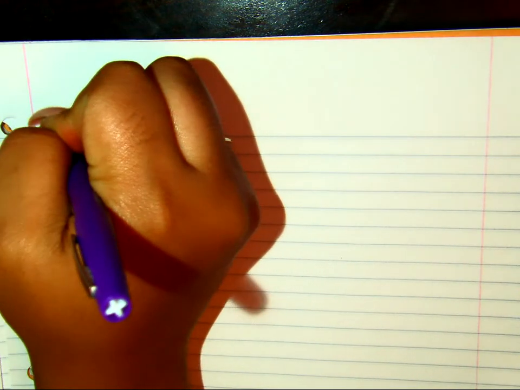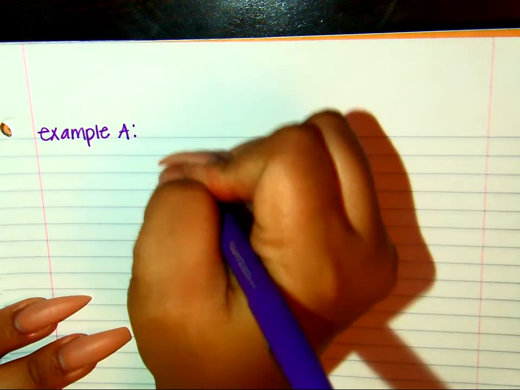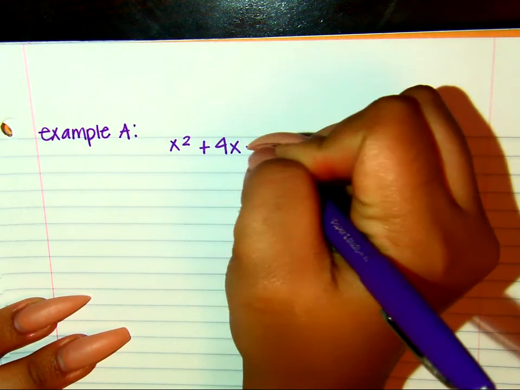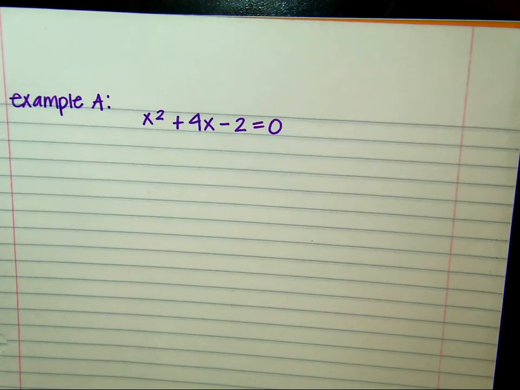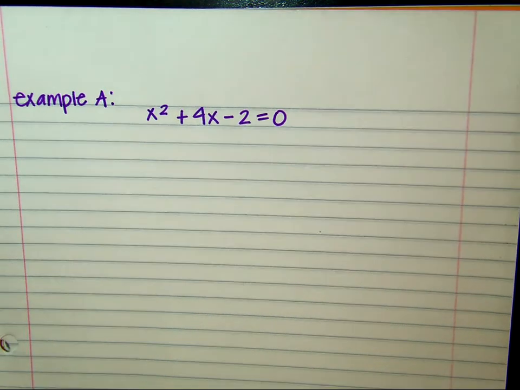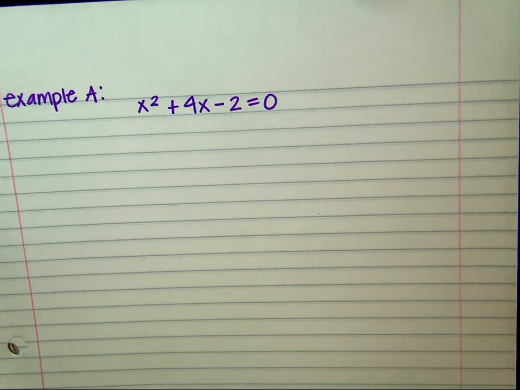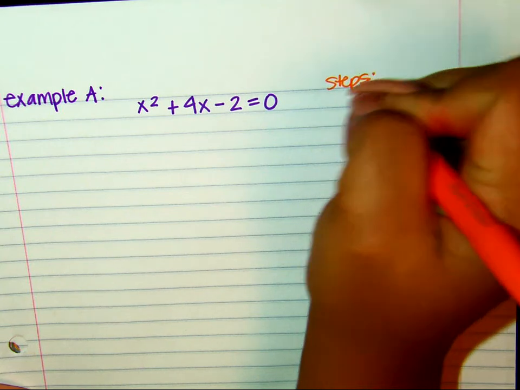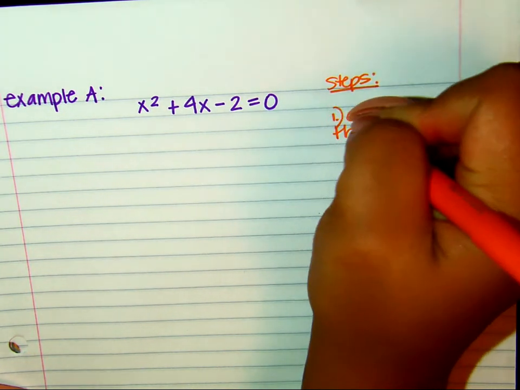Alright, so the first example we're going to do is called example A, and I am going to say we have x squared plus 4x minus 2 equal 0. Alright, so step number 1, we are going to look and see if our leading coefficient, the number that is in front of the first term, which is a 1 because it's x squared. So the first step you should take is check the leading coefficient.